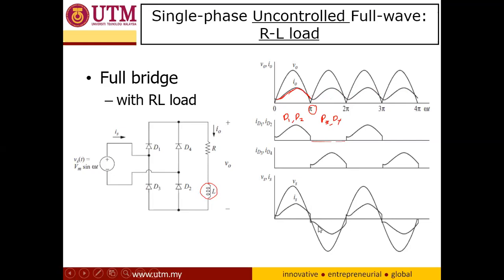So this current is a distorted current, which means it has harmonics, and the power factor is no longer equal to unity.